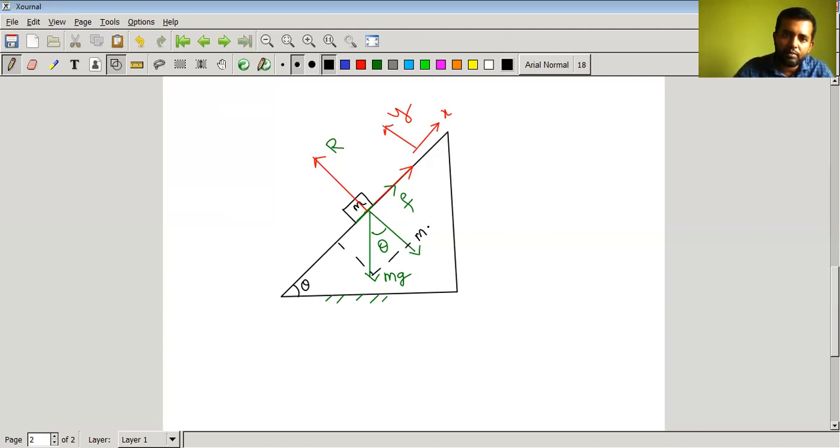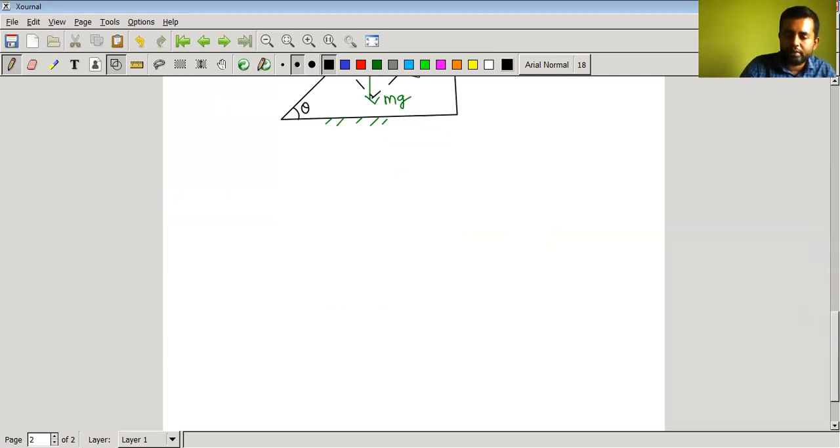This will be mg cos theta, and this side it will be mg sin theta, right? So this is the resolution of forces acting on this block parallel to the incline and perpendicular to the incline.